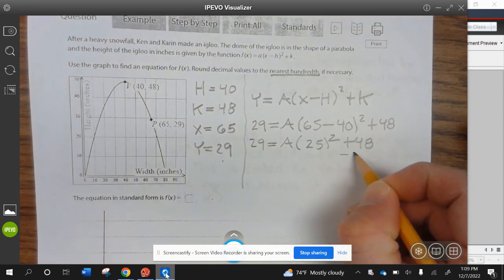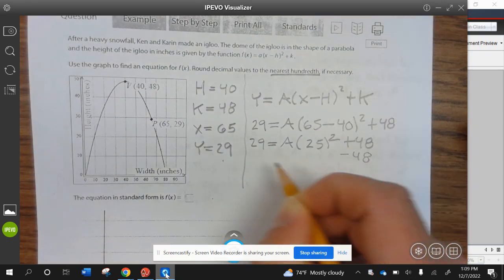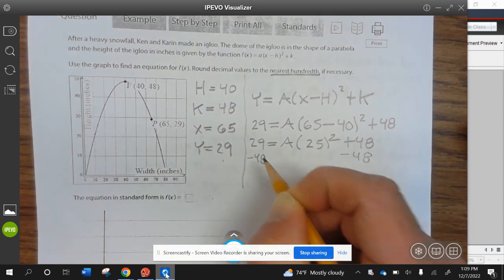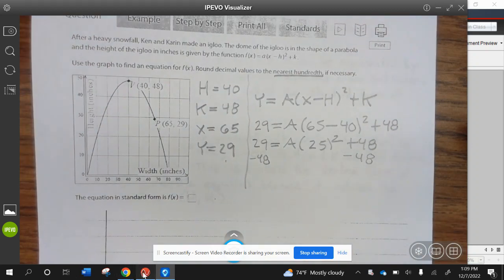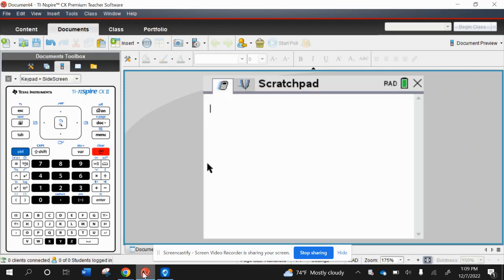Okay, we're going to subtract 48 from both sides. I'm just going to double check on that to make sure I don't make a mistake, but 29 minus 48 is negative 19 equals, let's go ahead and do 25 while we're here, squared is 625.